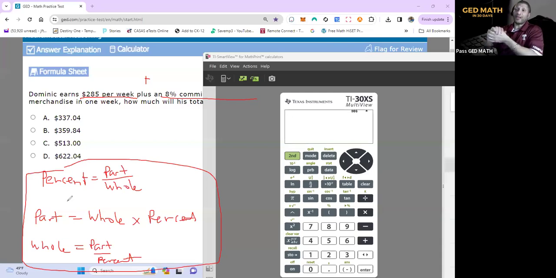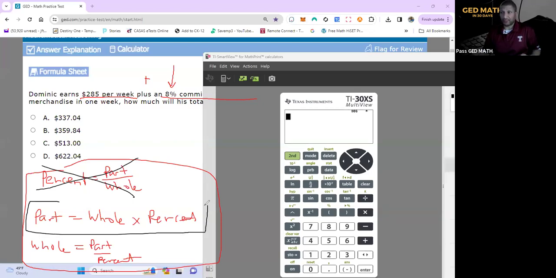So if I need to find what 8% is of something, I know the percent. They gave it to me. Understand what's given. It's 8%. I know it's not the first equation I need to use. So let's do this one: whole times percent. Oh, that must be it. I know my percent is 8%.